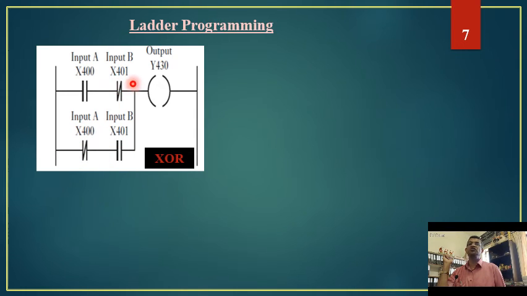In this branch, input B is normally closed, whereas over here input B is normally open. So a series of normally open and normally closed contacts are connected as shown in the figure in two parallel branches, and finally it is connected to the output at Y430. Let us see how to convert this into an instruction cycle.